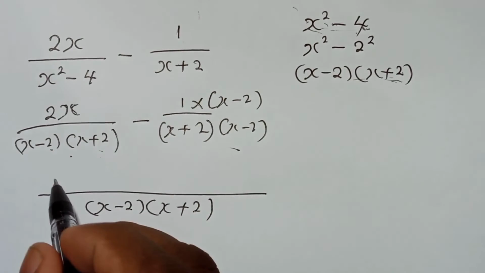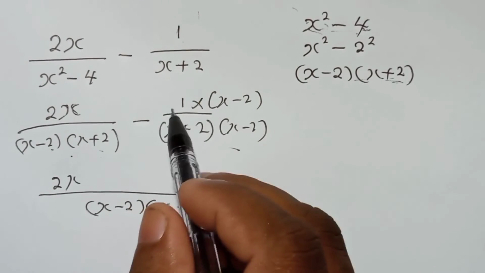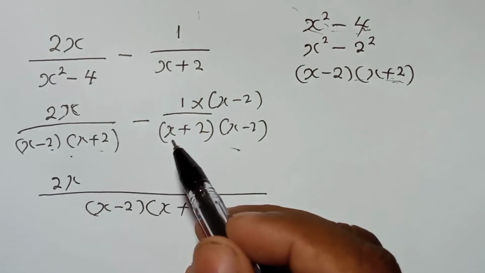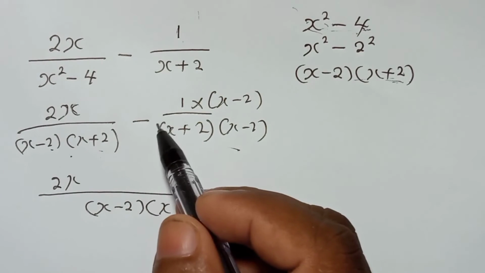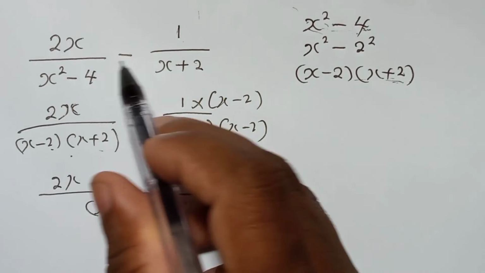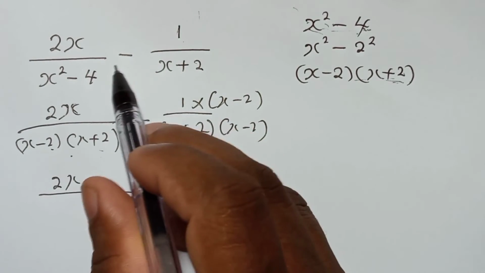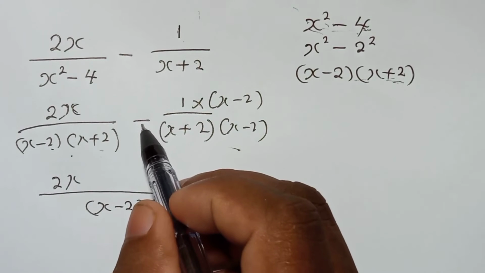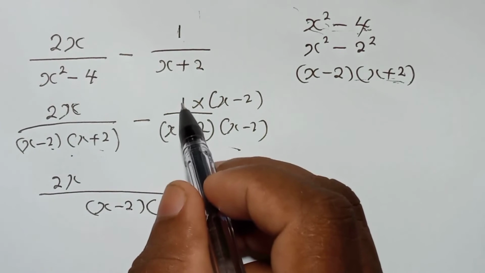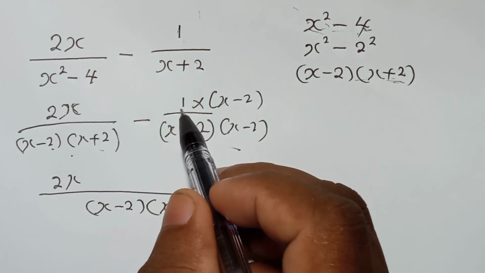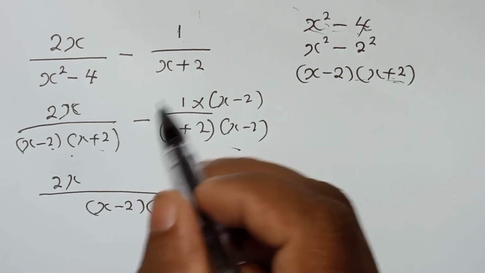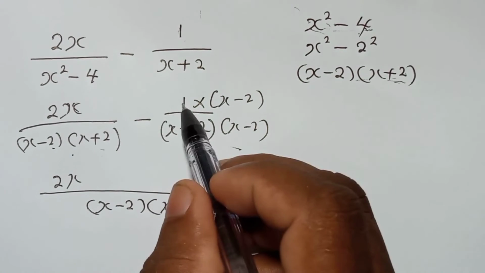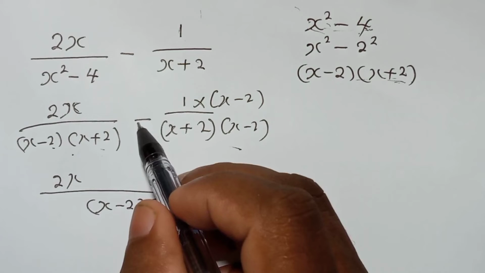Then the value 2x stays the same way. But I have already taught you this: when you have a minus sign between two algebraic fractions, be very careful, and think that this minus sign belongs to this one. That's the best way; then you can simplify easily. I think of it as minus 1 and multiply both terms by minus 1.